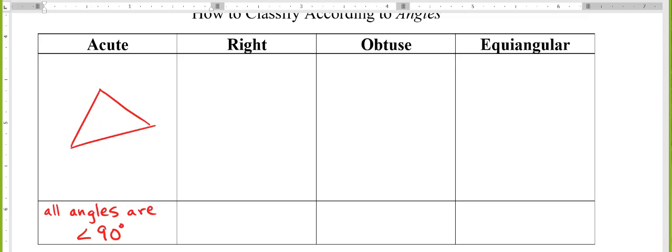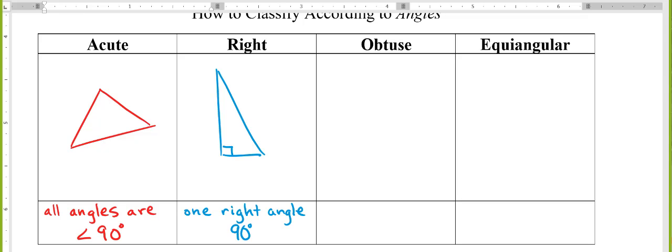For a right triangle, it has exactly one right angle. And remember that right means a 90-degree angle. It has one 90-degree angle right here.